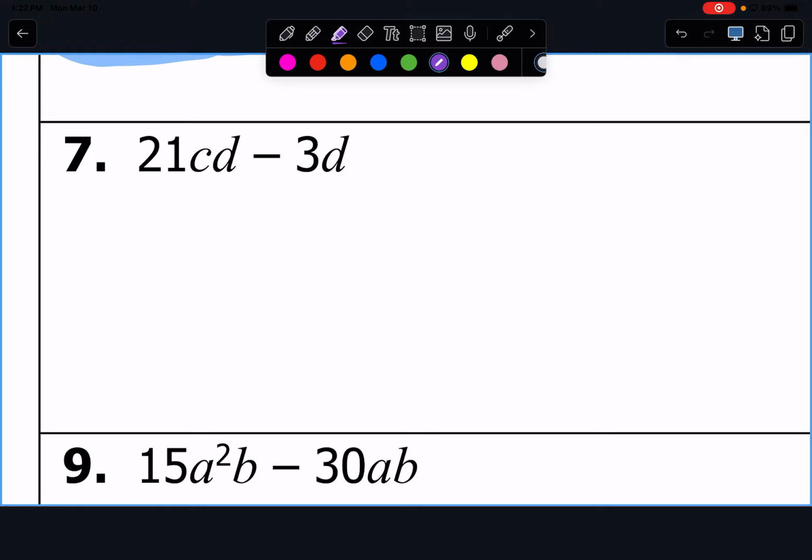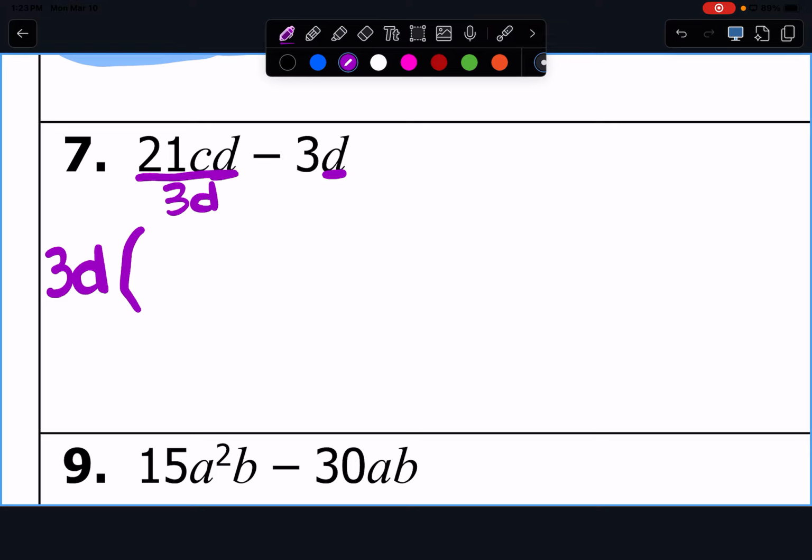7C. Let's talk. Okay, let's look. So I agree 3 is a GCF. I agree with that. But is there anything else that's in common with both terms? The D. It's in both. So we're actually going to take out 3D. So when we do that, we're going to divide both sides by 3D.